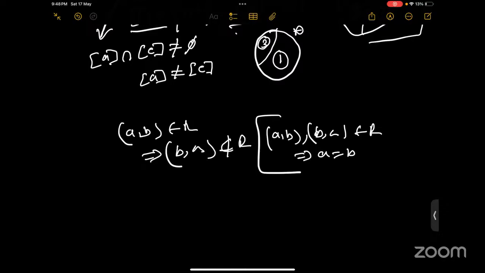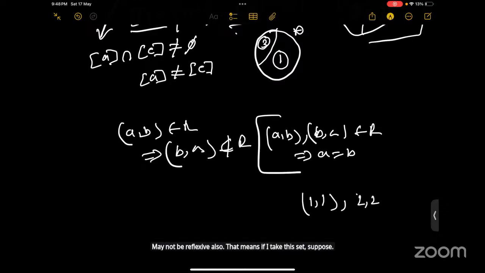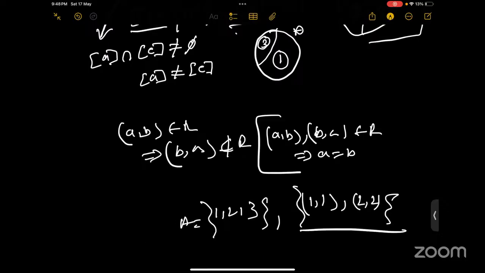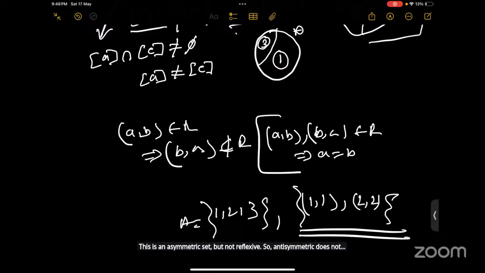If I take this set, suppose (2, 2) over {1, 2, 3}, this is an asymmetric set but it is not reflexive, right? So asymmetric does not necessarily mean it will be reflexive.